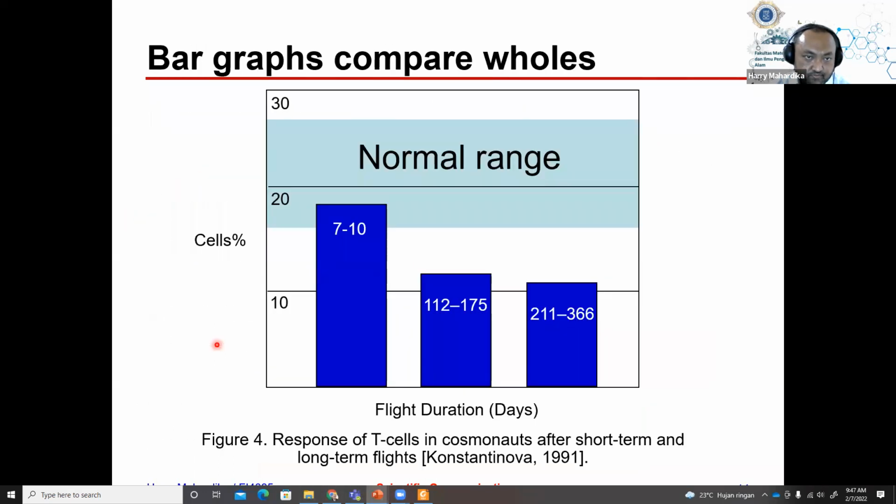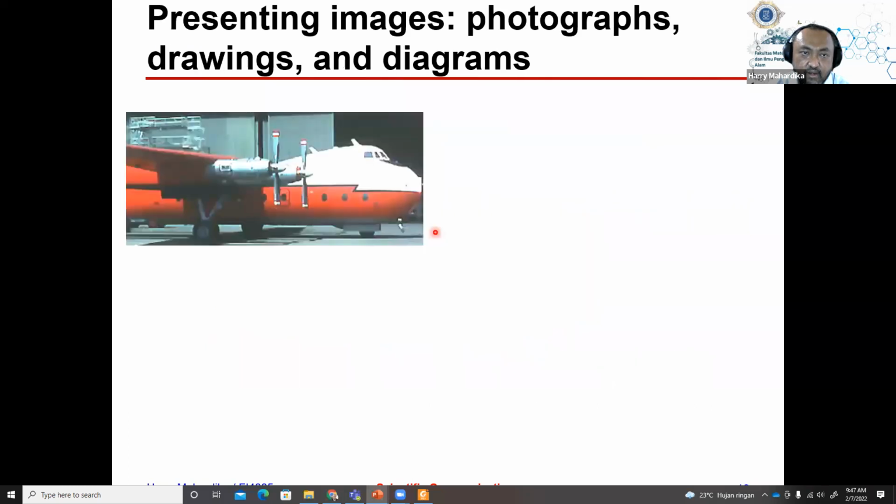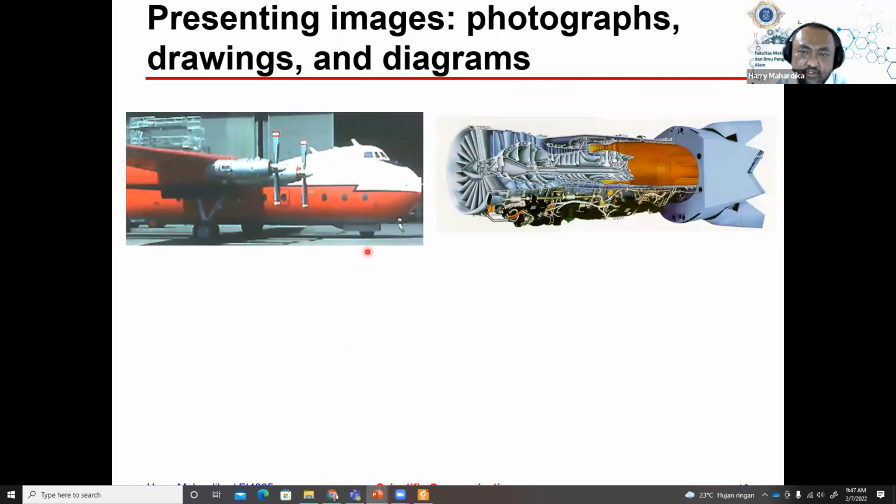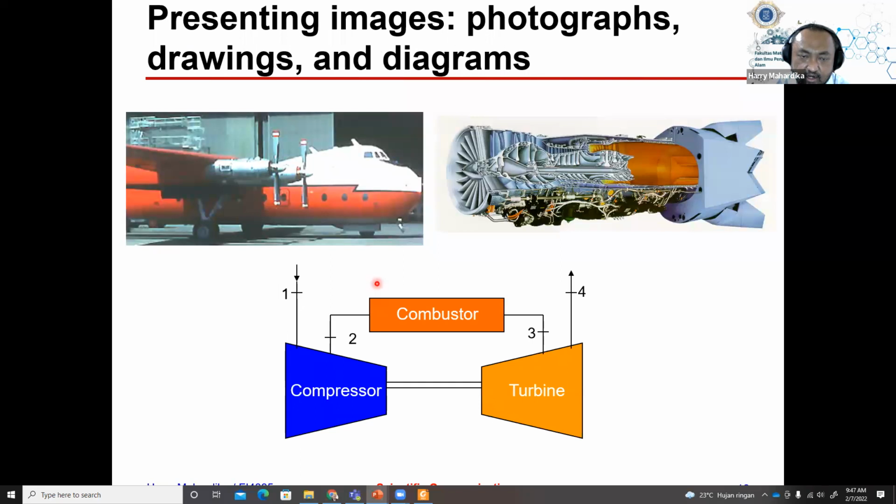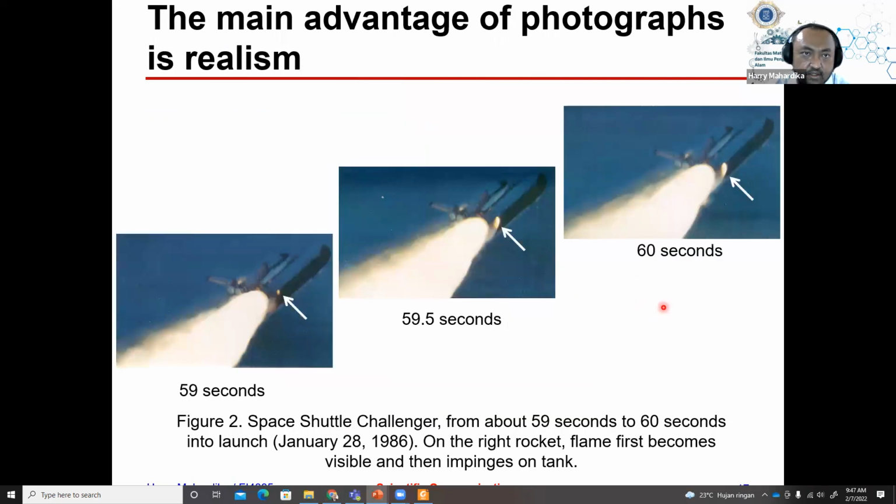Okay, other illustrations in terms of graphs include the bar graph, pie graph, and so on, and then presenting images, photographs, drawings and diagrams. When we show a photograph in our illustration, the main advantage of a photograph is realism, like this one showing how the Space Shuttle Challenger exploded at some point after taking off from the ground.